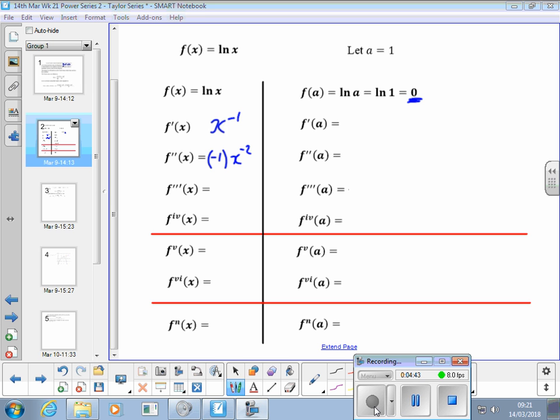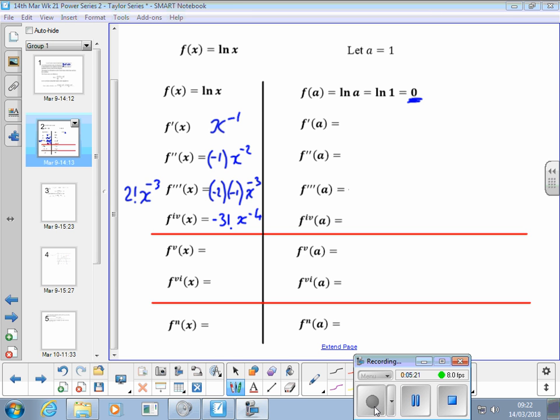Then we bring the minus 2 down, so we'd write minus 2 times minus 1, x to the minus 3, which we can write as 2 factorial x to the minus 3. Now we're going to multiply 2 factorial by minus 3, so that'll be minus 3 factorial x to the minus 4.